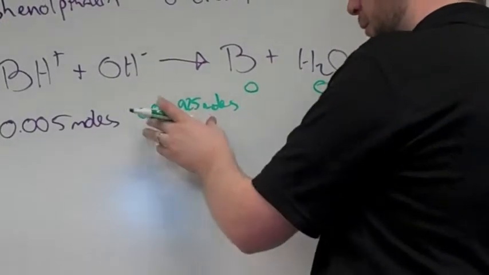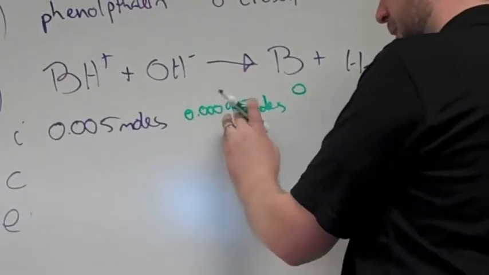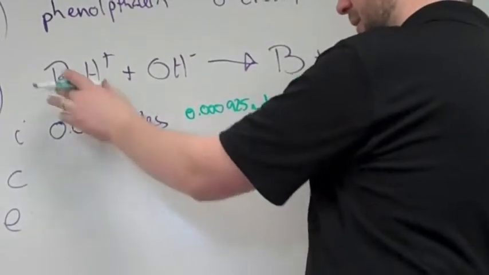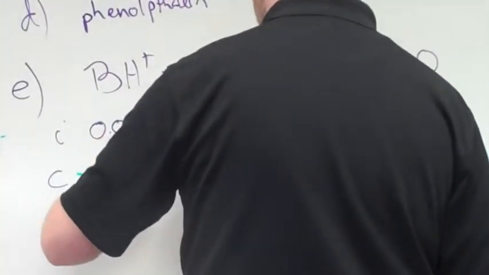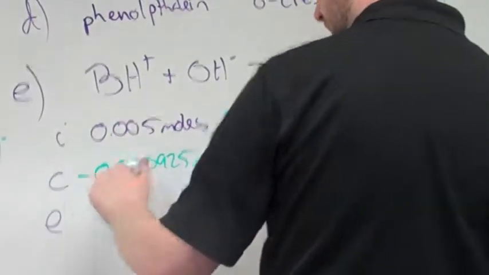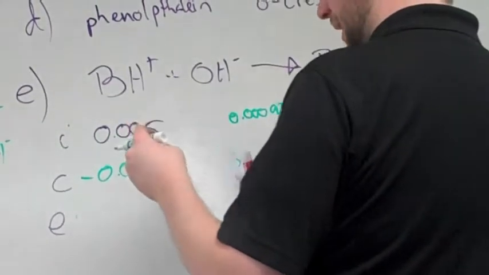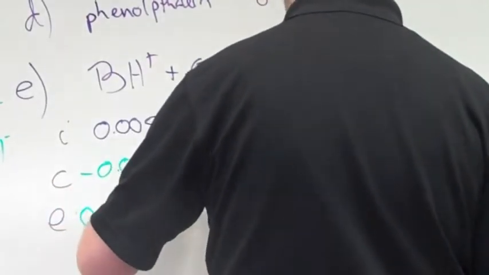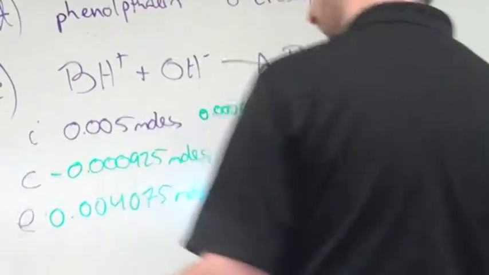We don't have any of this, and we don't have any of this to start with. Now, when we add this many moles of hydroxide, it is going to react quantitatively with the BH+, the weak acid, and so the change for this is going to be minus 0.000925 moles. This number of moles is going to be going down. So at the end of this step, after it has reacted fully, we're going to have 0.004075 moles of our acid left.